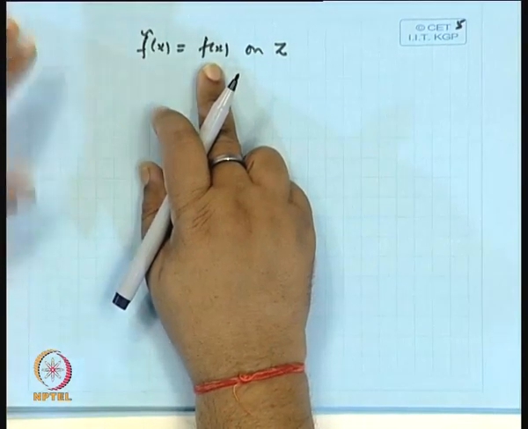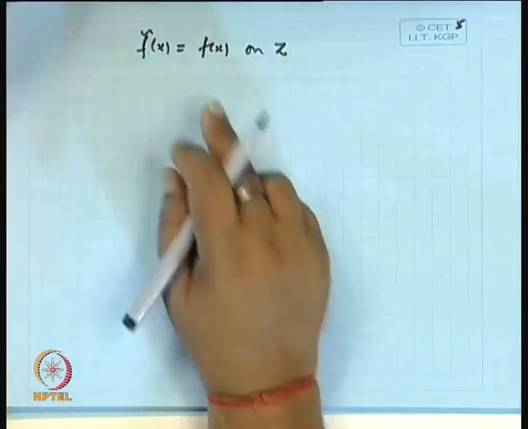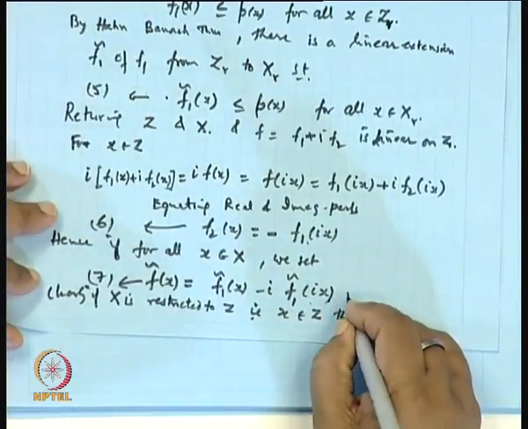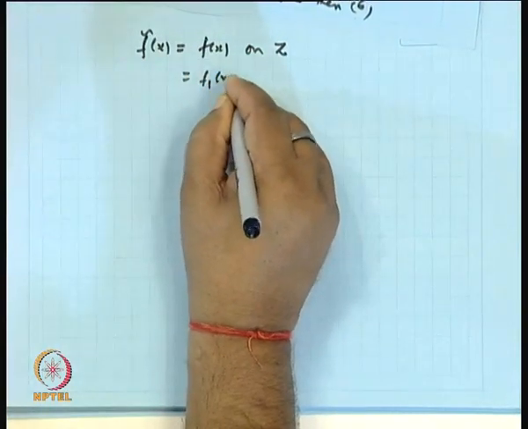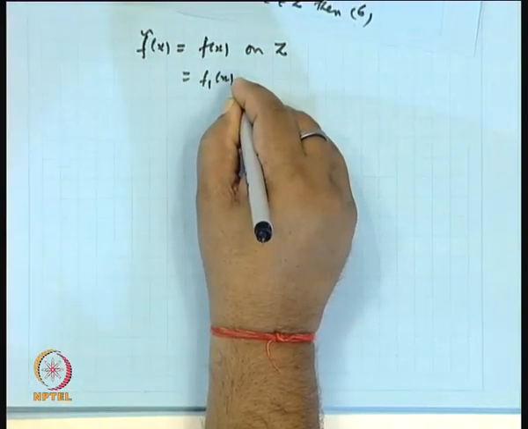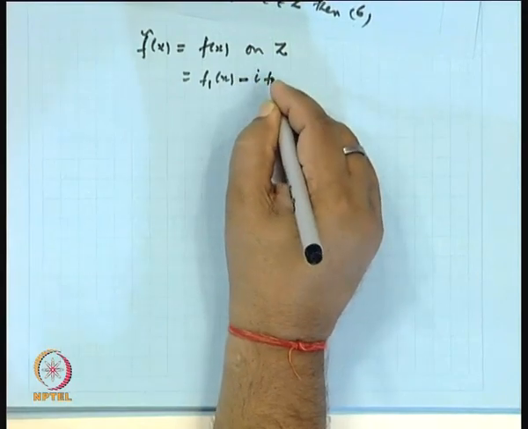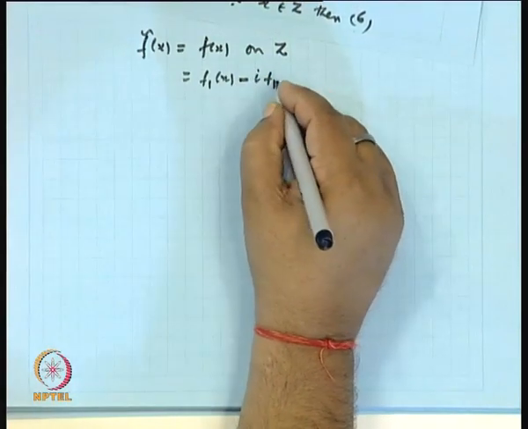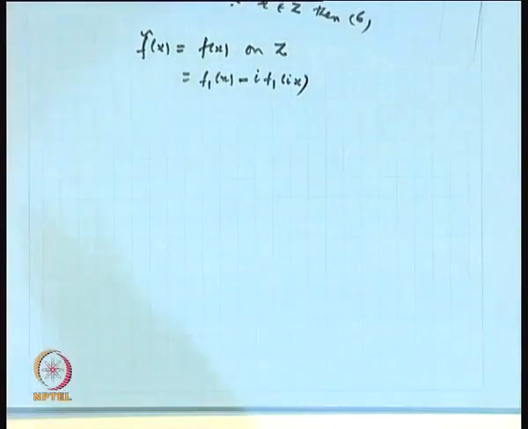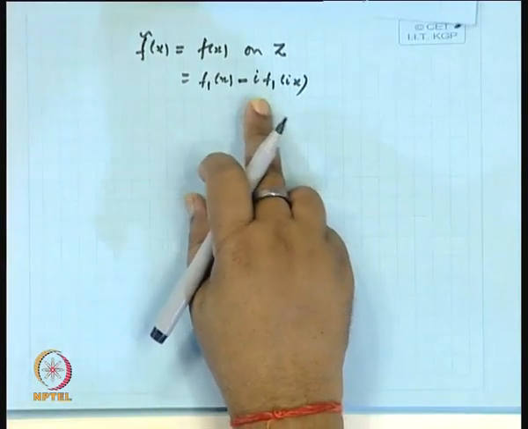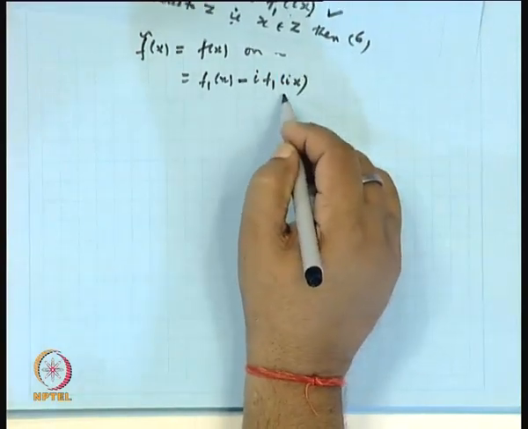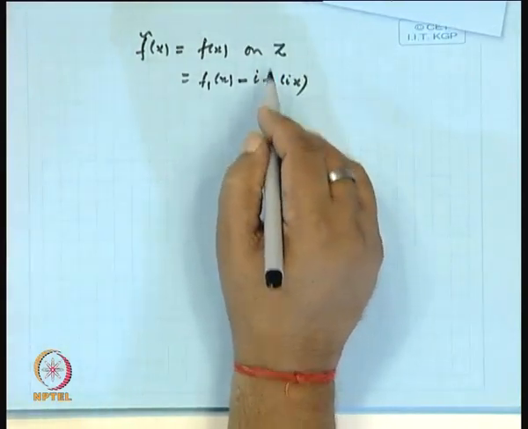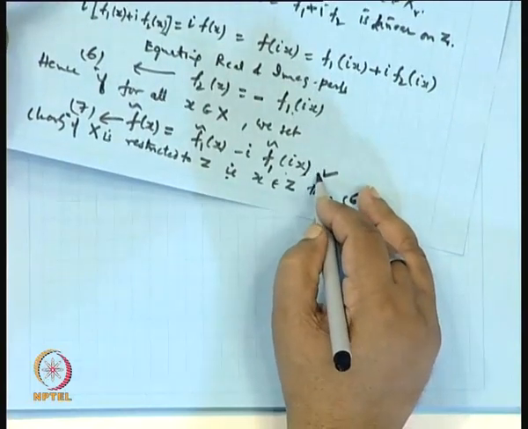Now, we have defined f delta(x) to be this for the entire X, and for this one we are getting f1(x), okay, and then minus i times f1(ix), clear. It means if I take the extension of this, f2 is minus f1, so the extension of this on the entire X is this one, clear.